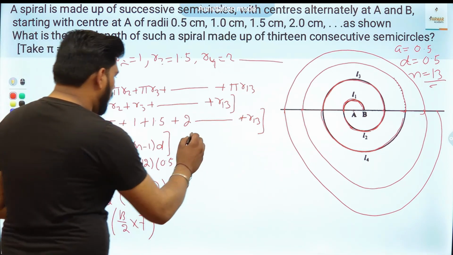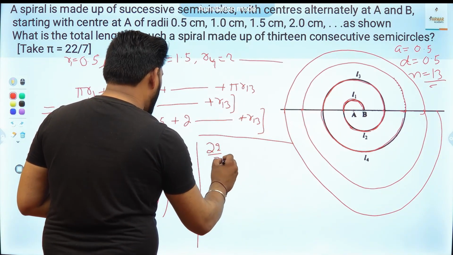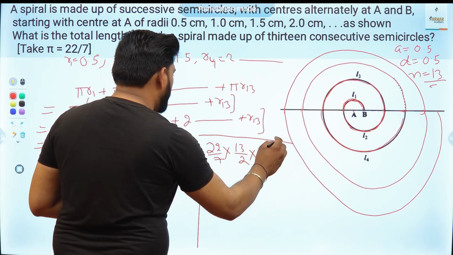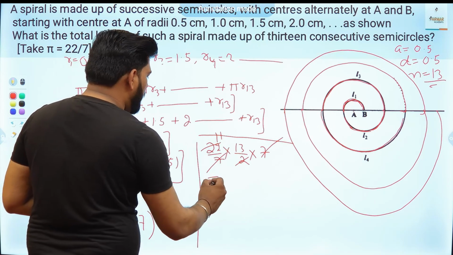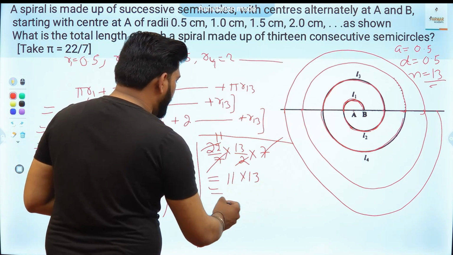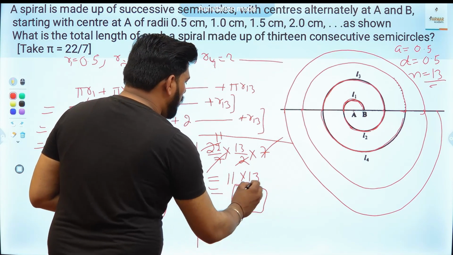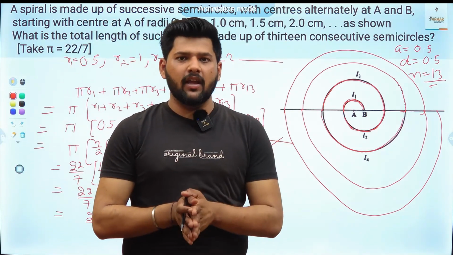So overall, 22 upon 7 into 13 upon 2 into 7. The 7 cancels with 7, and 2 cancels with 22, leaving 11. So 11 into 13 is 130 plus 13, that is 143. So the total length of the wire used is 143 units.